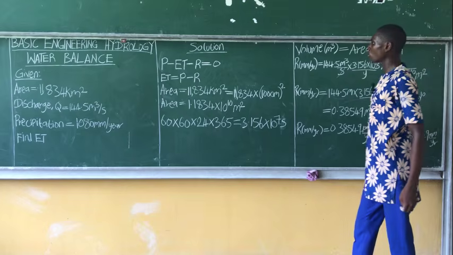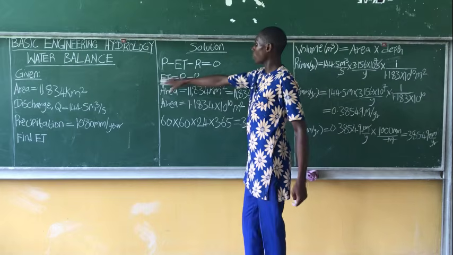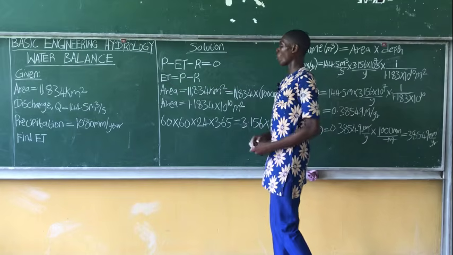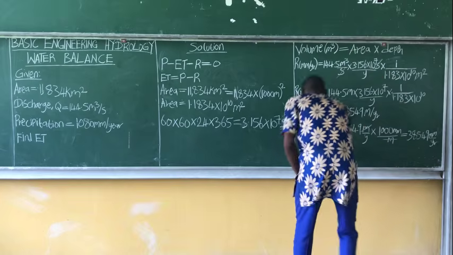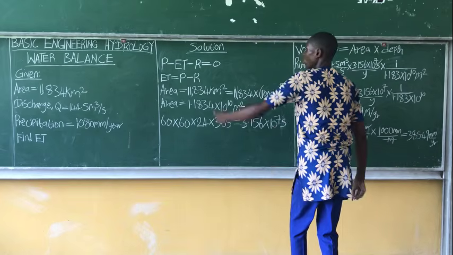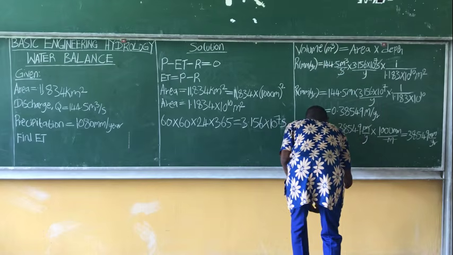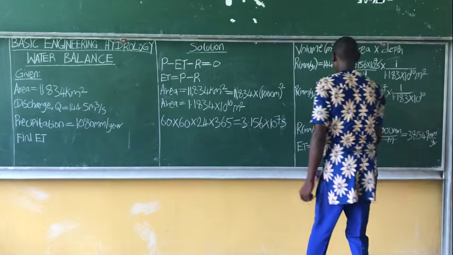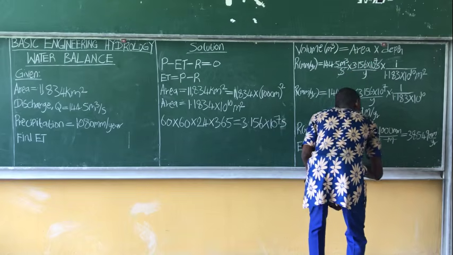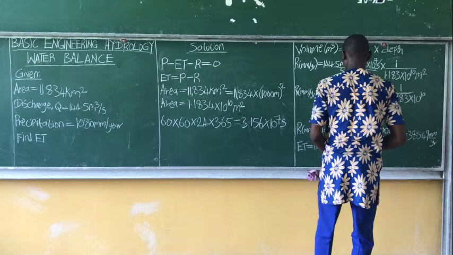Okay. So since we have been able to get our runoff in millimeters per year and we have our precipitation in millimeters per year, we can then go ahead to compute for our evapotranspiration. So we have our evapotranspiration ET to be equal to precipitation, which is 1080, minus our runoff, which is 385.4.